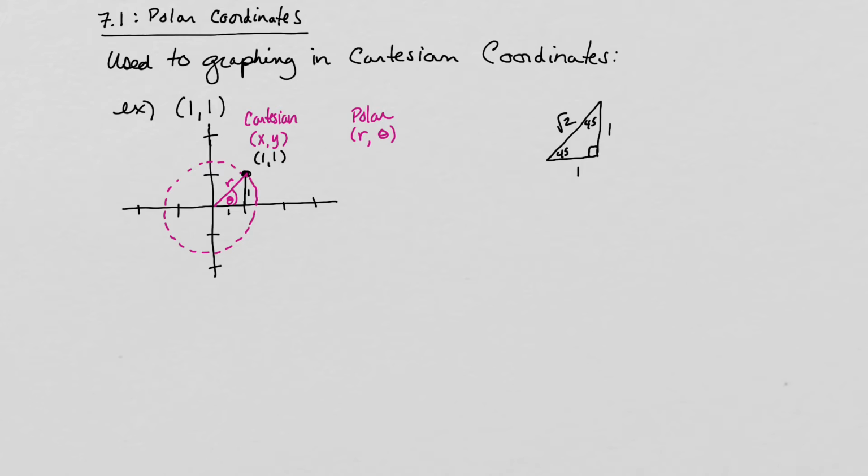In this case, r is the square root of 2, and the angle is 45 degrees, or more often in radians, pi over 4. So (1, 1) and (root 2, pi over 4) in polar are the exact same point.